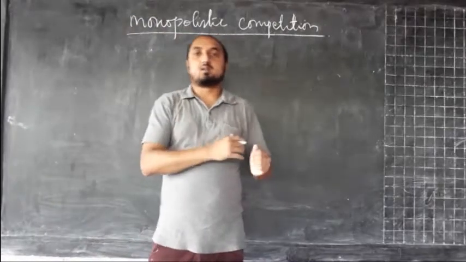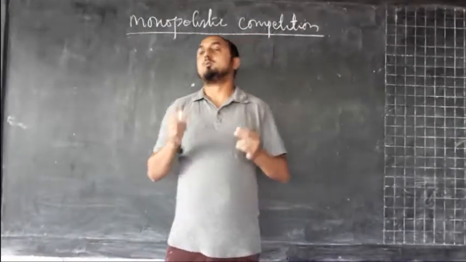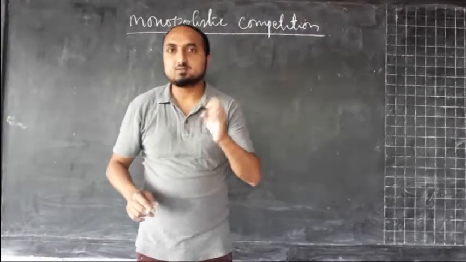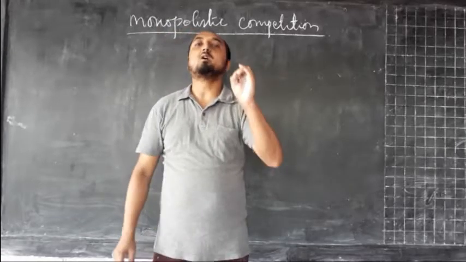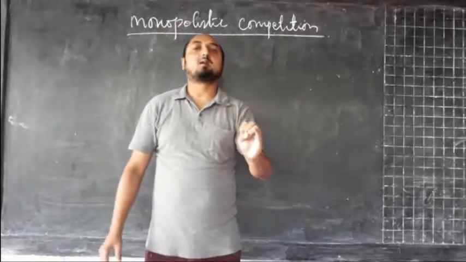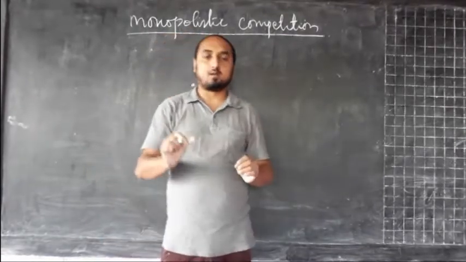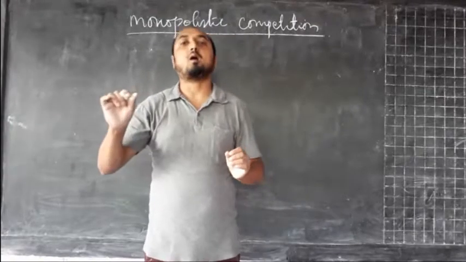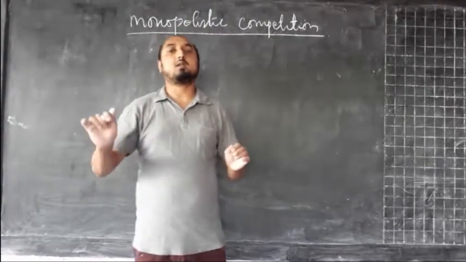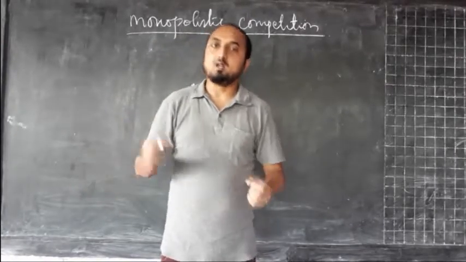Now, before starting monopolistic competition, let's go to the previous one. So far we have discussed two forms of market, that is the perfectly competitive market and the monopoly market. These two are the extreme forms of market structure, and they are rarely found in practice, or we hardly encounter them in real life.